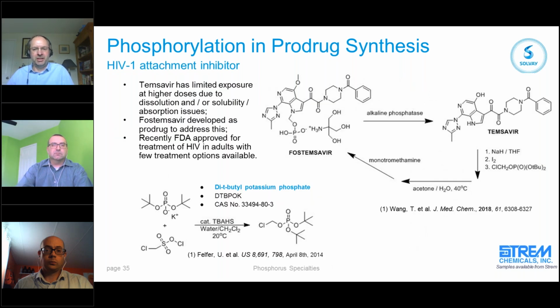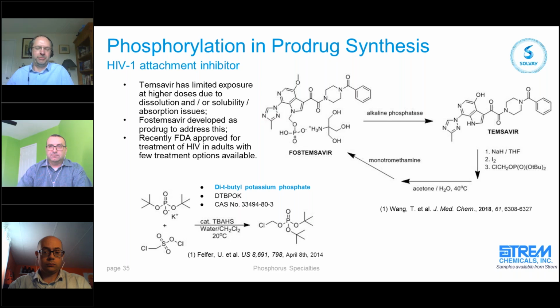So another example of prodrug use. In this case, this is fostemsavir, which is developed by ViiV and was recently FDA approved for treatment of HIV in adults where most of the treatments are no longer working. Originally temsavir, shown on the right, was developed, but for high doses, it was found that the temsavir is not soluble enough.